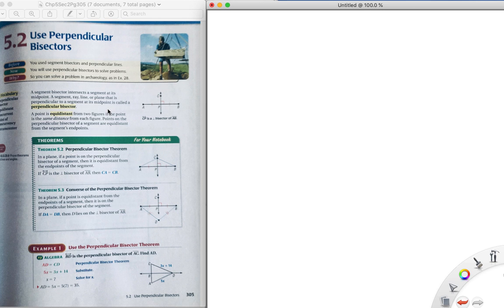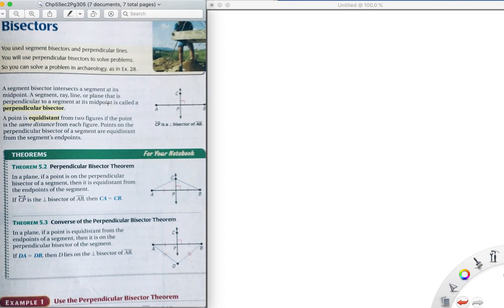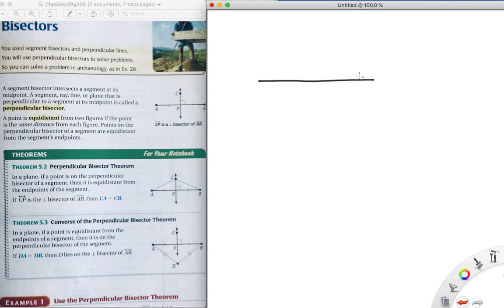Alright, so recall that a perpendicular bisector is a line, point, segment that cuts something completely in half.